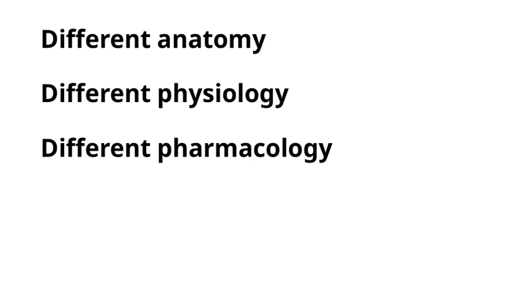Then, with different physiology, we're talking about how the functions of those organs and systems can differ, like how blood flow or enzyme activity might change from one individual to another. And finally, different pharmacology refers to how drugs interact with these unique biological features, meaning their effects, side effects, and metabolism can all differ based on these anatomical and physiological differences.